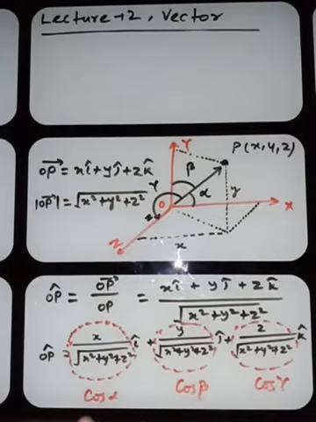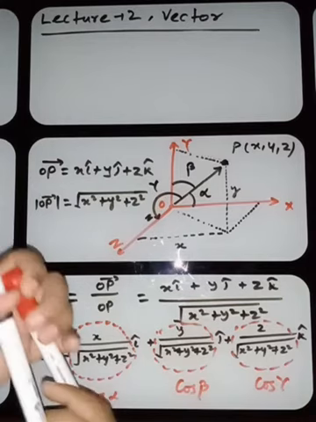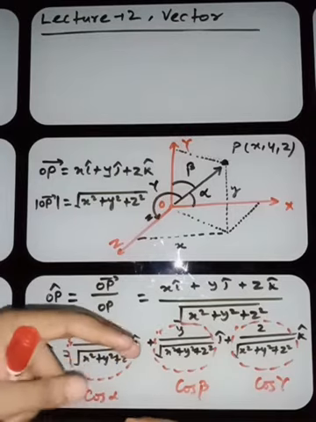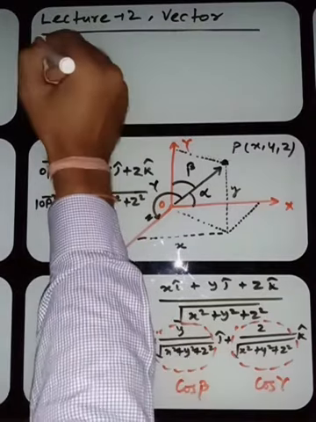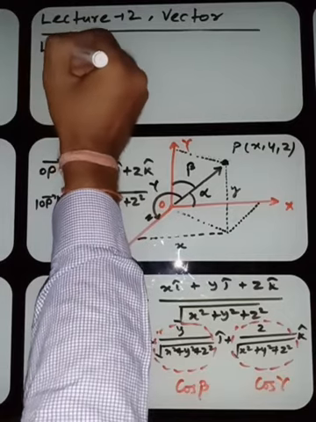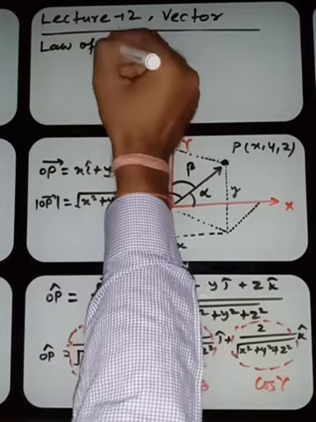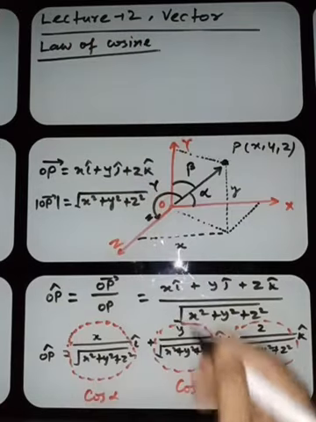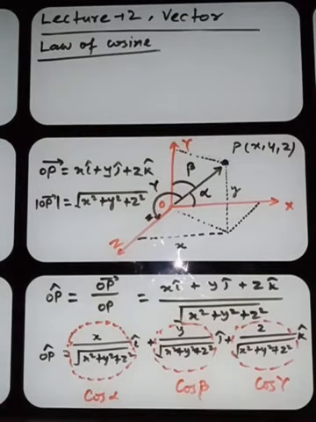Okay. Now, if these are the direction cosines, it means cos alpha equals this one, beta equals this one, and gamma this one. We have a law called the law of cosine. Kindly mention the law of cosine. This law tells you that the sum of the squares of all the cosines must equal 1.